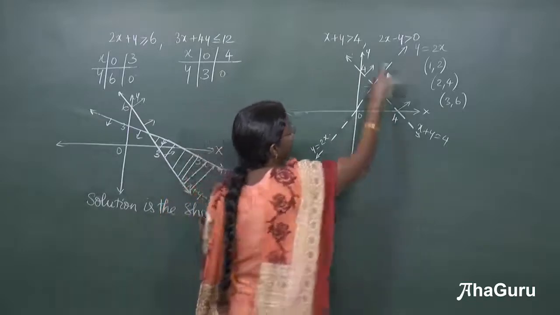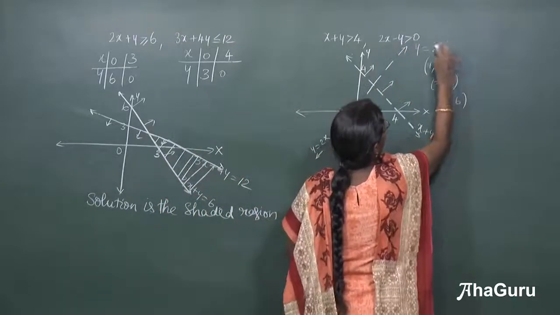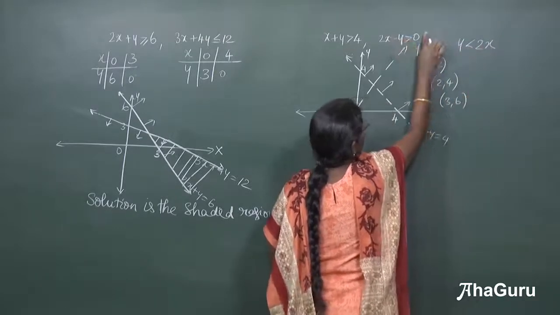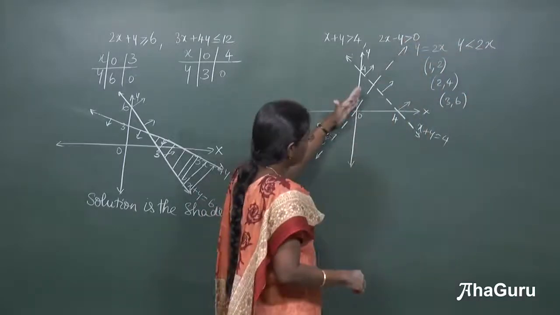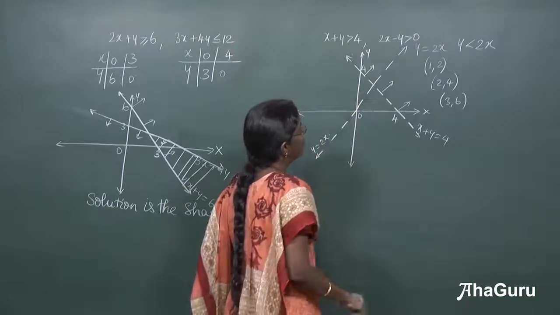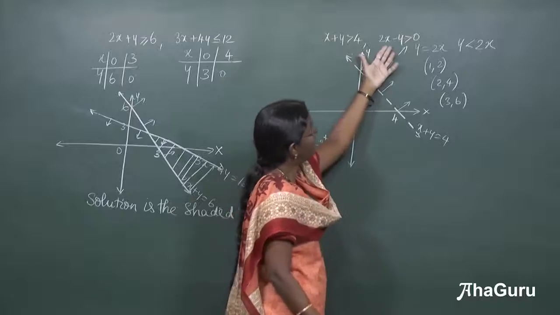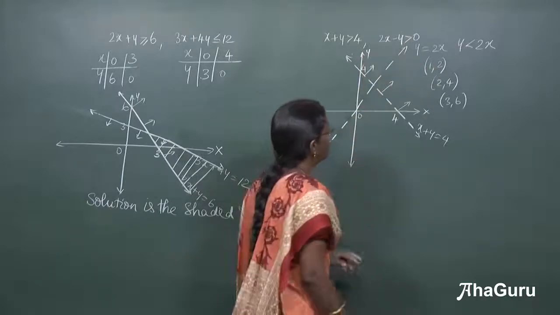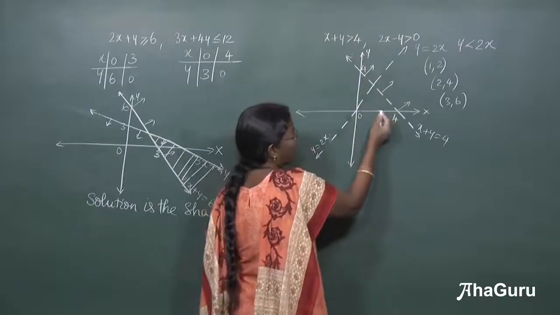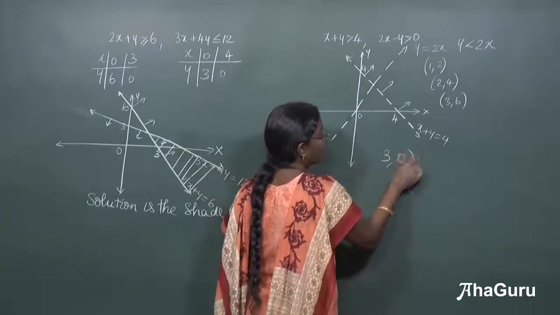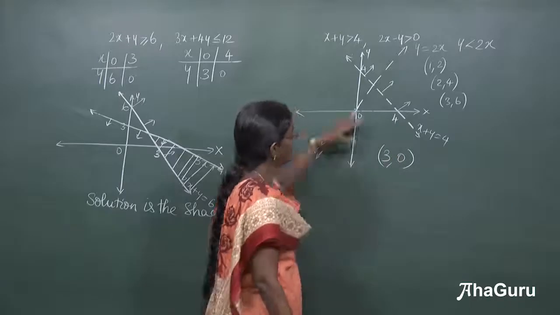For this line, when I rewrite, I get y is less than 2x. Just take it to the other side. It is passing through the origin, so we can't substitute the origin points. We'll substitute some other point and check. Either retain it as it is or write it that way also. Suppose I substitute a point on the x-axis, for example, 3, 0.